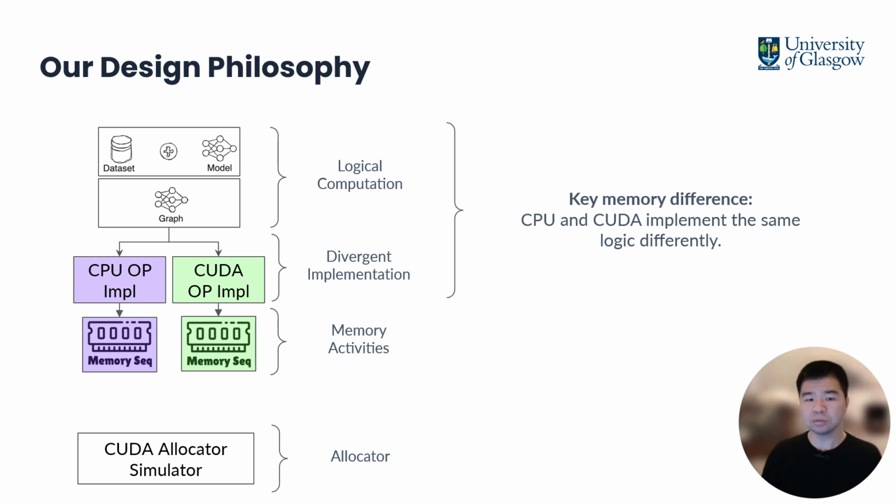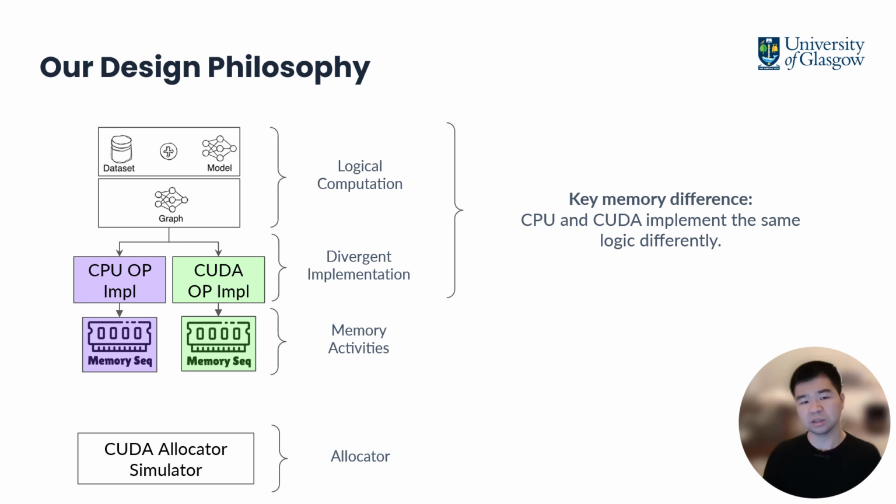Before moving on to the solution, let's pause for a second to understand the philosophy behind it. In deep learning frameworks like PyTorch, nearly every logical computation, like a linear layer, has both a CPU and a CUDA implementation. While the high-level logic in the computation graph is identical, the actual memory activities on the hardware could be similar or different.